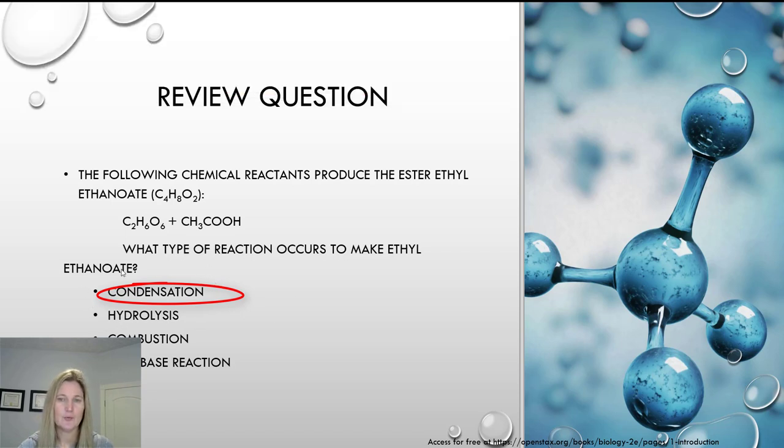So condensation or dehydration synthesis. So we're taking these 2 reactants and forming them together to form the ester ethyl ethanoate. Okay, so that was through a condensation reaction. 2 monomers forming a polymer. Okay.